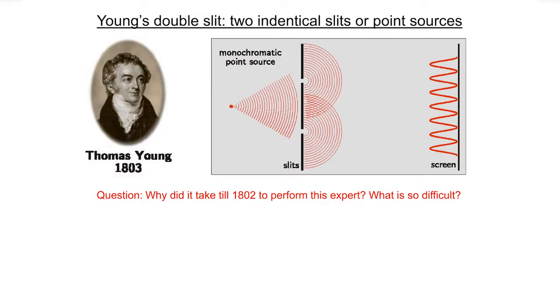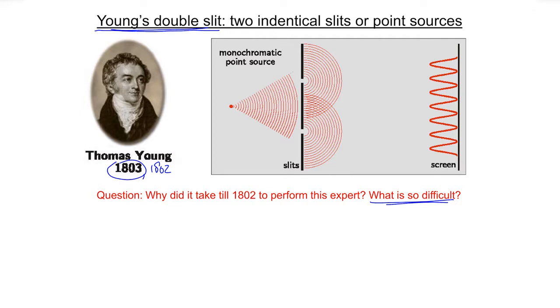You've seen this picture before. This is the picture of the famous Young's double slit experiment, the experiment that Young performed in 1803 or 1802. And you might wonder why it took so long to perform this experiment. Why only in 1802? What makes this experiment so difficult?